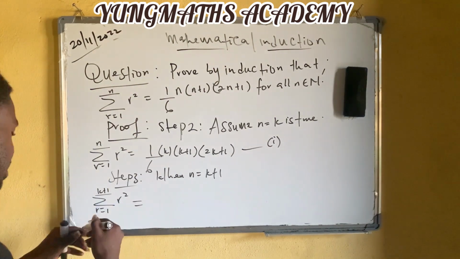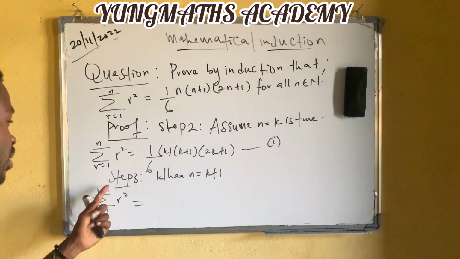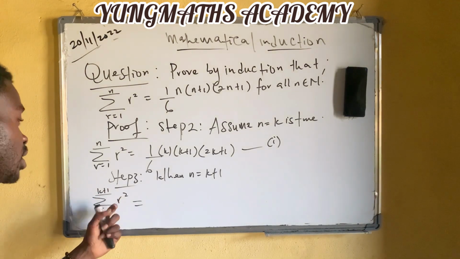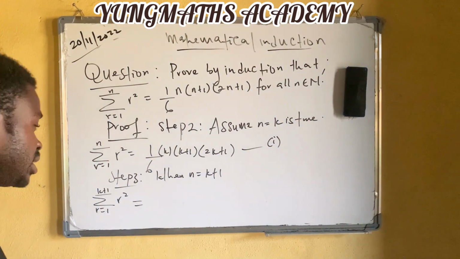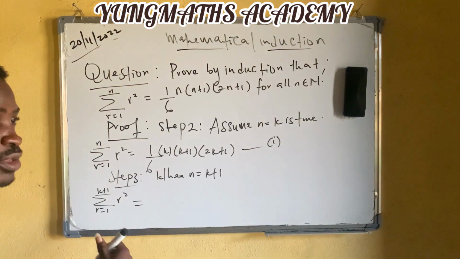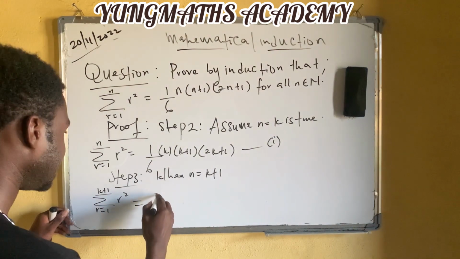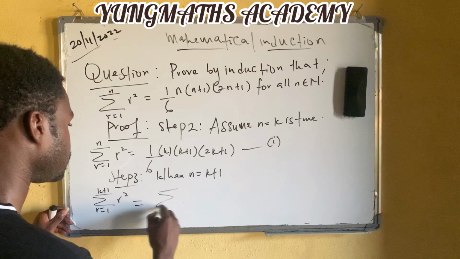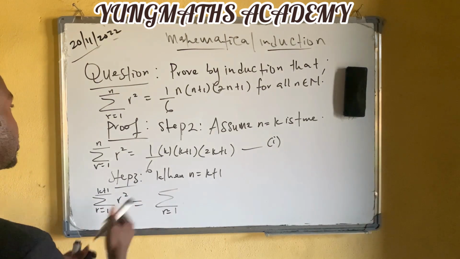I can write the sum from 1 to k plus 1 as the sum of the terms up to the kth term and the k plus 1 term. So I'm going to write the sum of k plus 1 as the sum of the kth term and the k plus 1 term. And this is what I mean. I'll write this as summation from 1 to k.